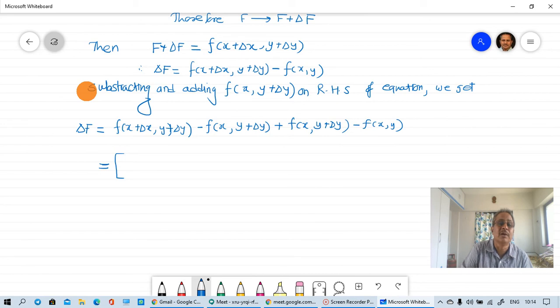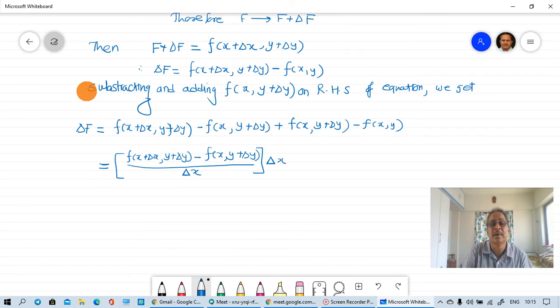So that mathematical fact I am using here: f of x plus delta x and y plus delta y minus f of x and y plus delta y, divided by delta x and multiplied by delta x.